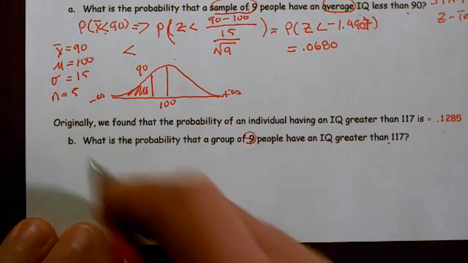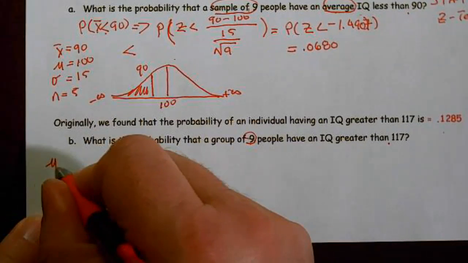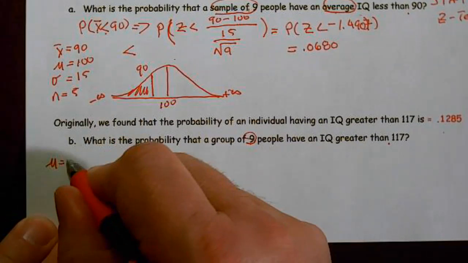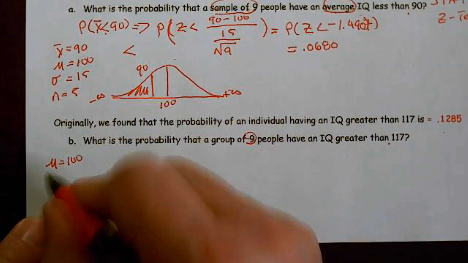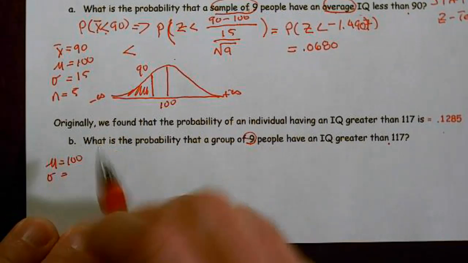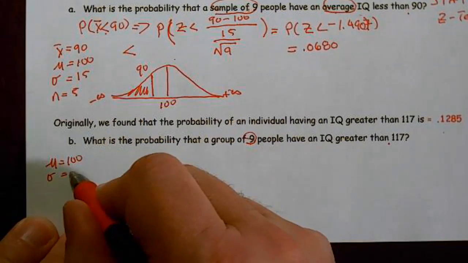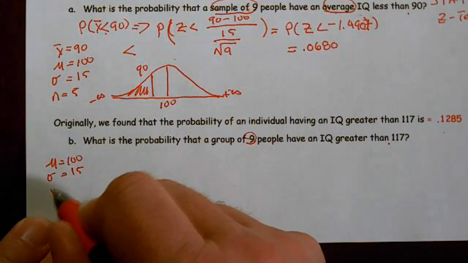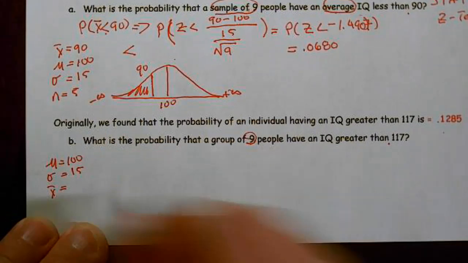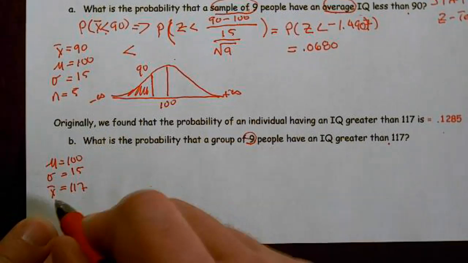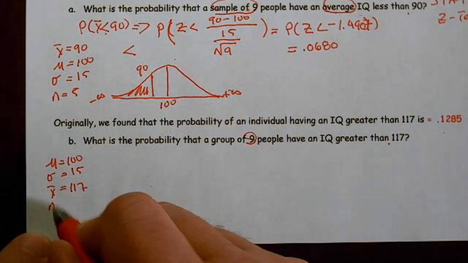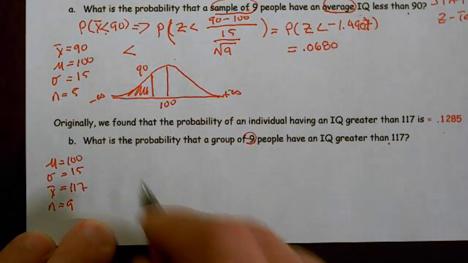So the calculator is going to ask us for our mean, and our mean we know is 100. Our standard deviation happens to be 15. Our X bar, the part that we're interested in, is 117. And our sample is still size 9.